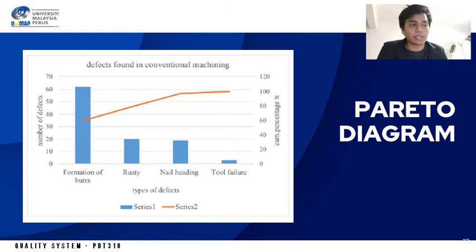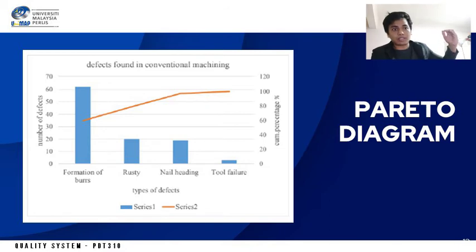Pareto diagram, which the highest of the types of defect is formation of the burrs and the rusty formation on the workpiece. Third is the nail holding, and lastly is tool failure.